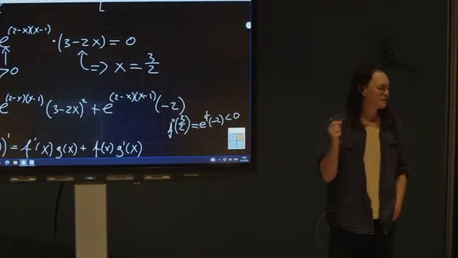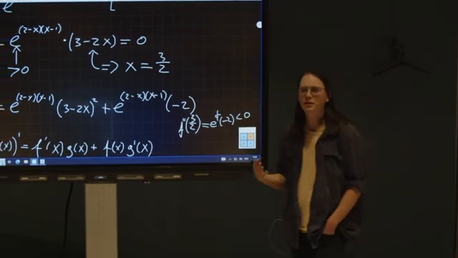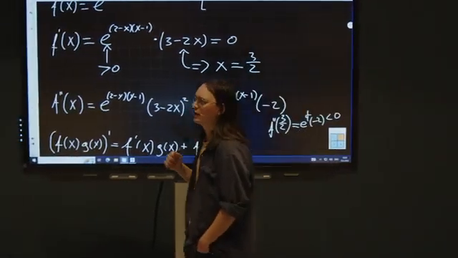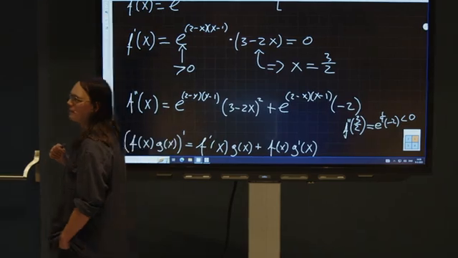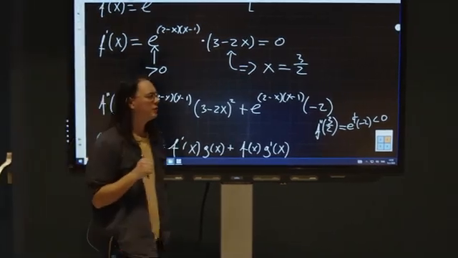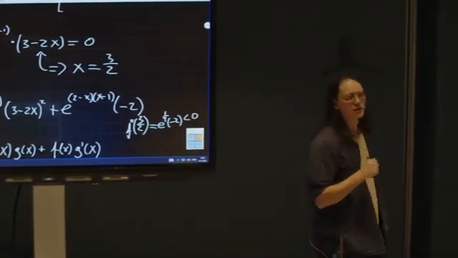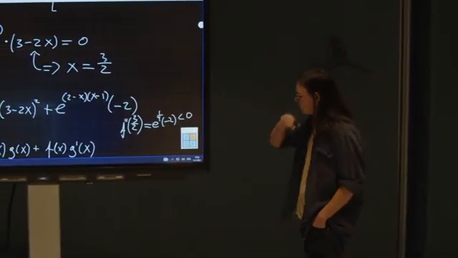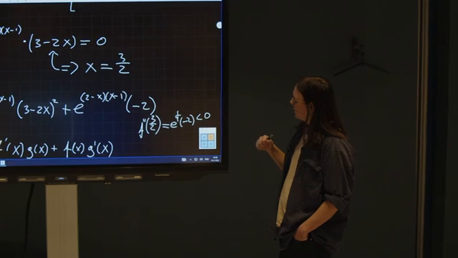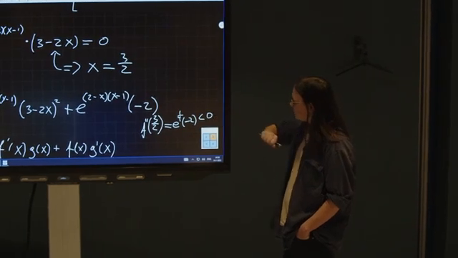Right? When the second derivative is smaller than 0, you're looking at a maximum. When it's greater than 0, you're looking at a minimum. And when it's equal to 0, you don't know. It's inconclusive. So, this is a maximum.